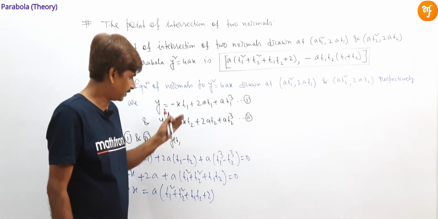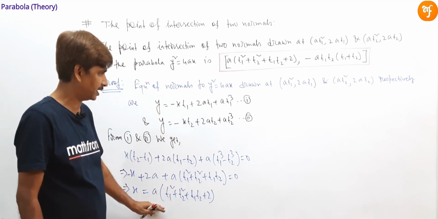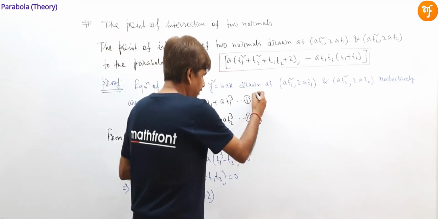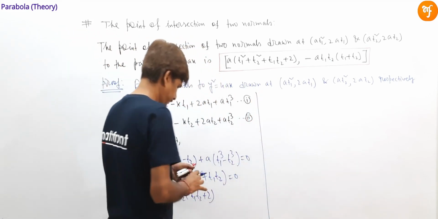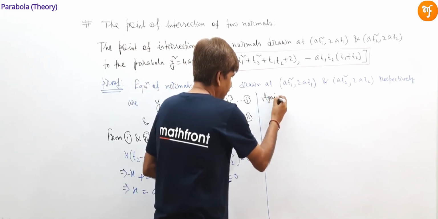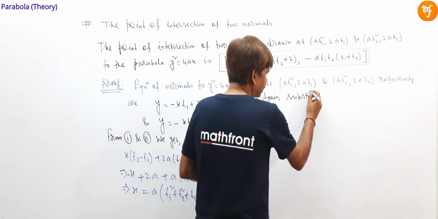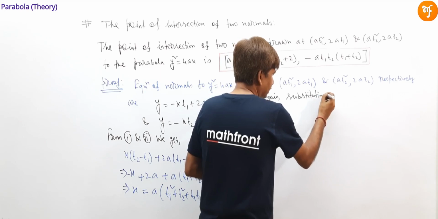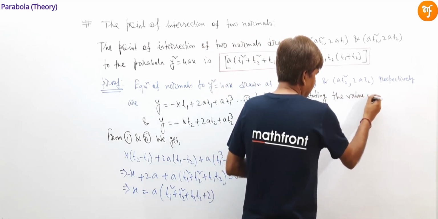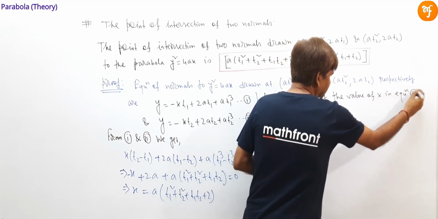Now to find the y coordinate of the point of intersection, just substitute the value of x in any one of these equations. So substituting the value of x in equation 1, suppose.